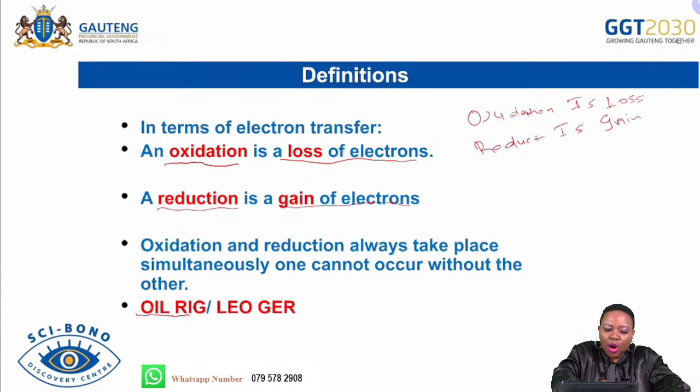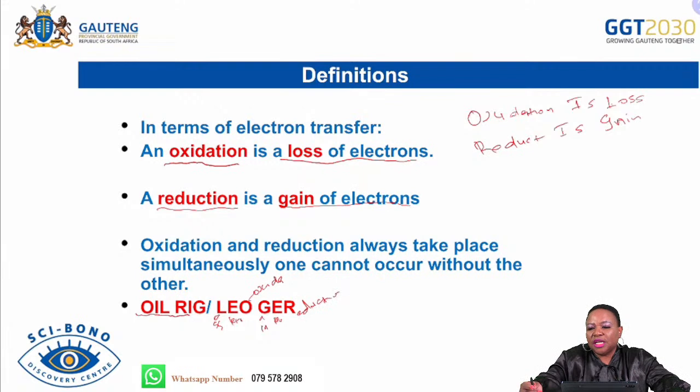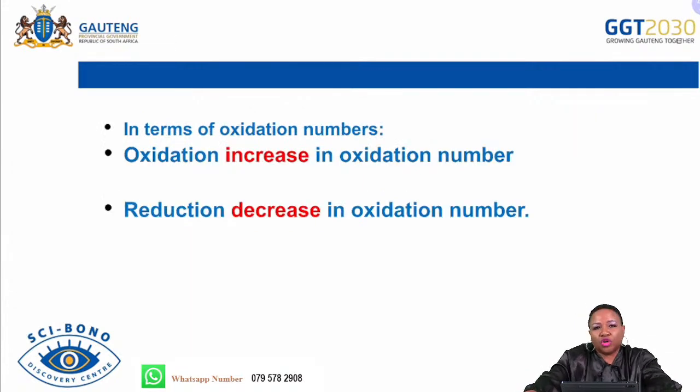This OIL RIG can assist us to remember, because there are lots of terms and lots of definitions that we are dealing with. Therefore, when you use things like OIL RIG or LEO GER, where we say loss of electrons is oxidation and gain of electrons is reduction, we can be assisted just to remember how we define oxidation and reduction in terms of electron transfer.